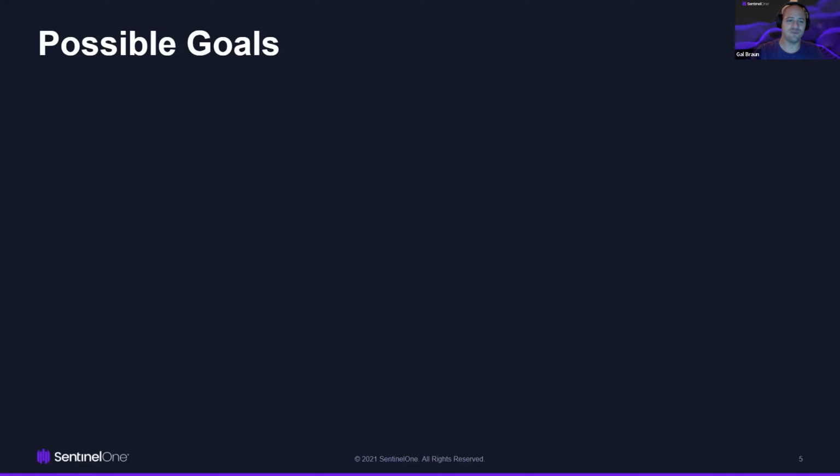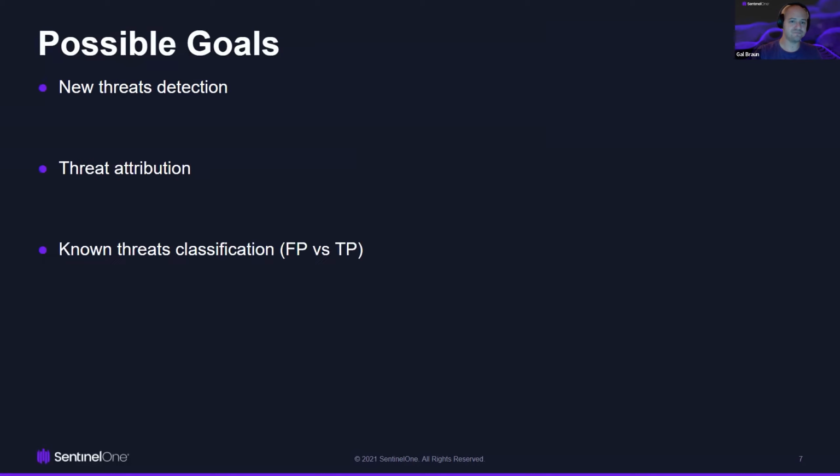So as part of SentinelOne products, we don't just try to throw machine learning on everything. Let's discuss several examples of possible goals based on data that we're collecting from our customers. So the first one is new threat detection. By giving the whole data from a customer, we want to detect if there was some attack without any prior alert or a hint that something fishy is going on.